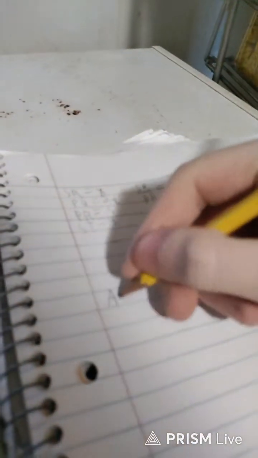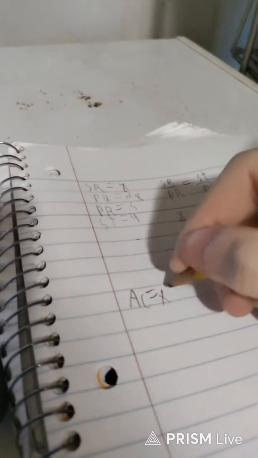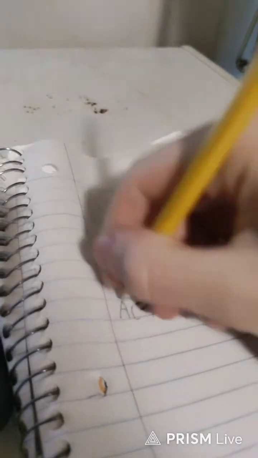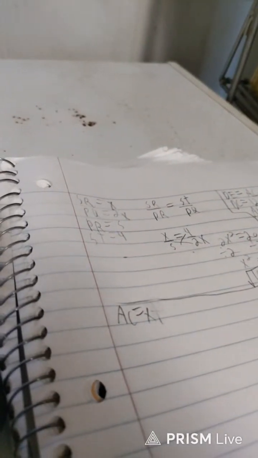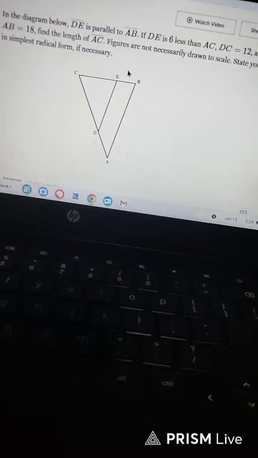Wait, so AC is equal to x plus DC. Alright, it's x plus 12. There we go. Alright, then we have this long thing, which is x minus 12.